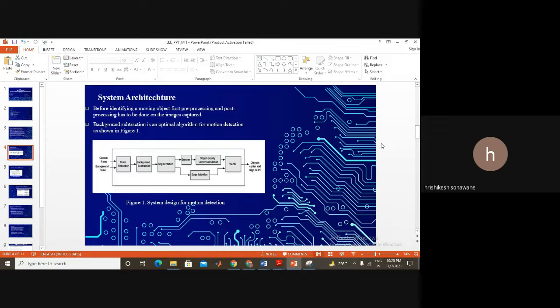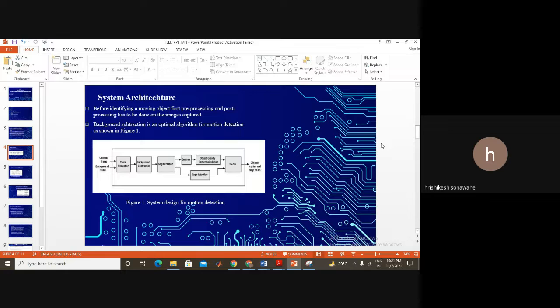The formula for the erosion is C(x,y) equals minimum of A(x minus i, y minus j) multiplied by B(i,j). The next block is the object gravity center calculation. The eroded image is used for computing the object's center of gravity, which is an important parameter in finding the motion of any physical body.